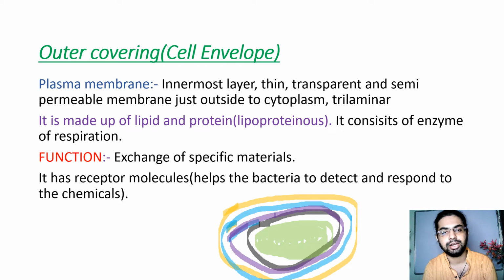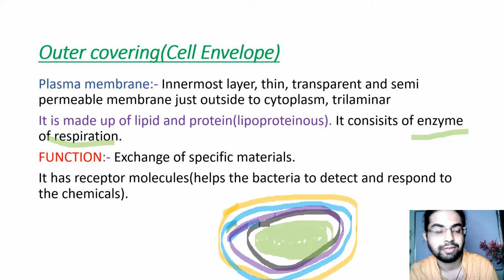It is made up of 3 layers, and the plasma membrane is made up of lipid and protein, so it is lipoproteinous. What lipid is, I will explain in another playlist, biochemistry. The plasma membrane also consists of some enzymes that help in bacterial respiration. The function of the plasma membrane: it is selectively permeable to specific materials, so exchange of specific materials is its main function.